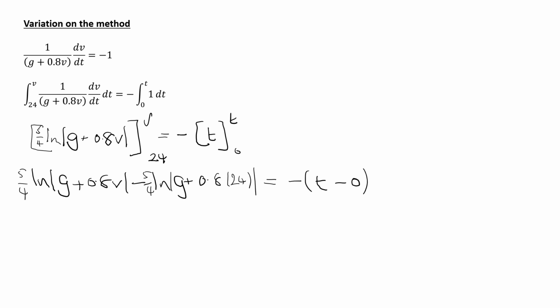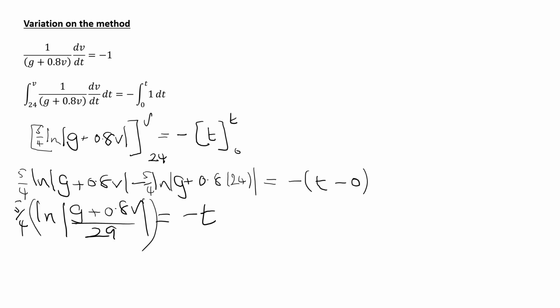On the right hand side I've got minus t minus 0, which of course is just negative t. Hence I'll get 5/4 ln g plus 0.8v over 29, strict moduli, because of the fact that v could be negative and we don't want it to be, equals minus t, and from then on it goes on. So it's a slightly different way of doing it.